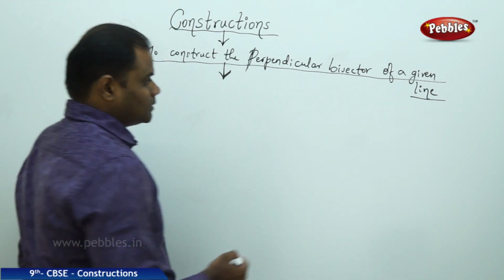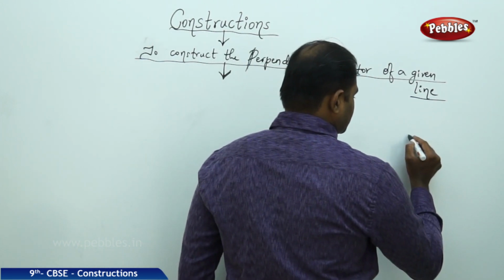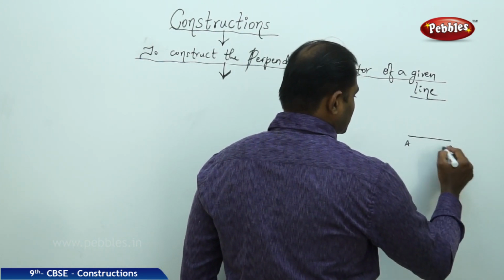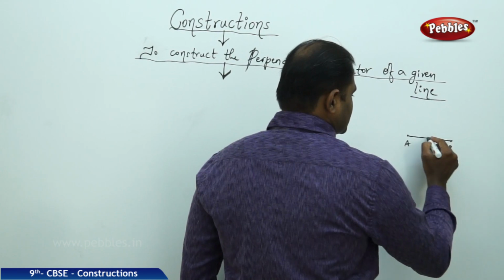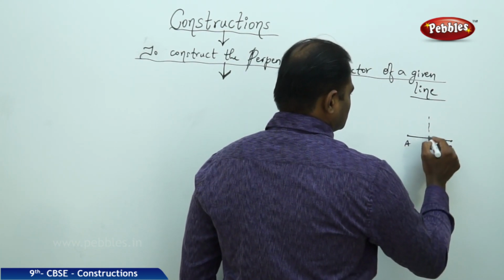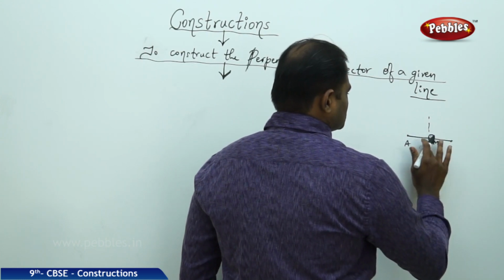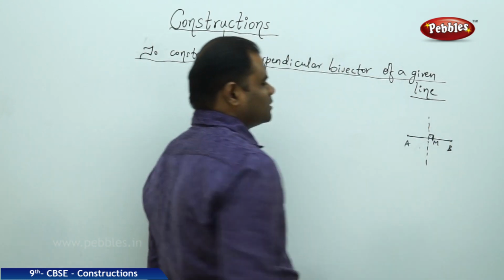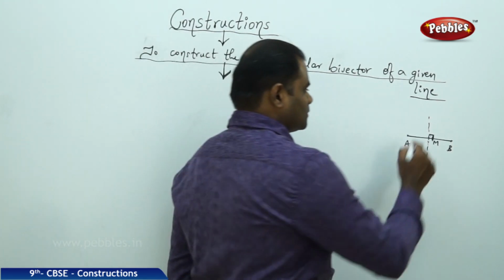To recap, a perpendicular bisector of this line AB would be a line which is exactly passing through the midpoint and which is perpendicular. This is how we understand the perpendicular bisector.